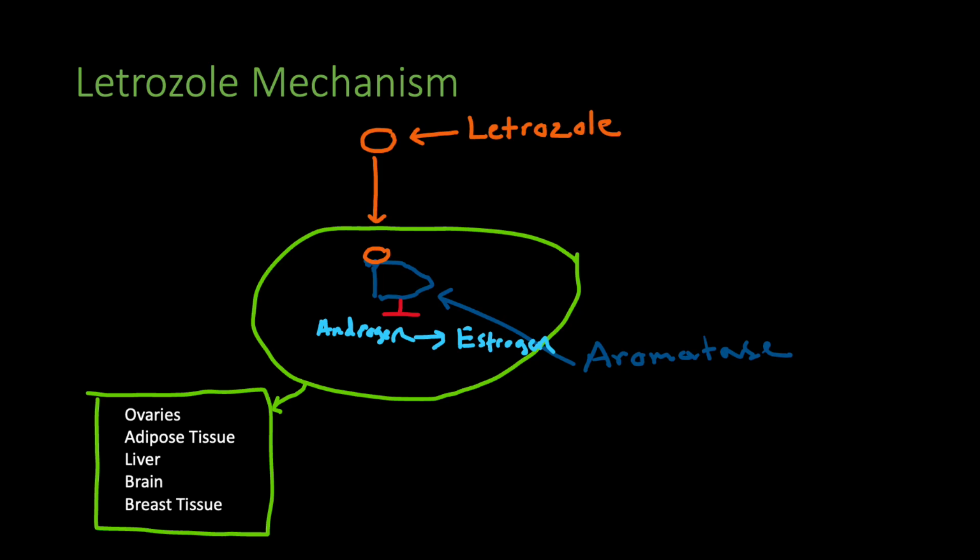So it will inhibit the transformation of androgen to estrogen. So that's what's going to happen here. And usually this is in the ovaries, the adipose tissue, liver, brain, breast tissue. You could see this is one medication that will induce pregnancy instead of inhibiting it, like the contraceptives.